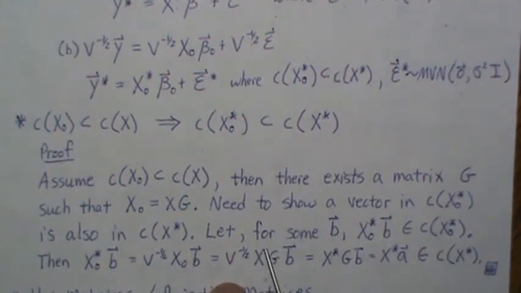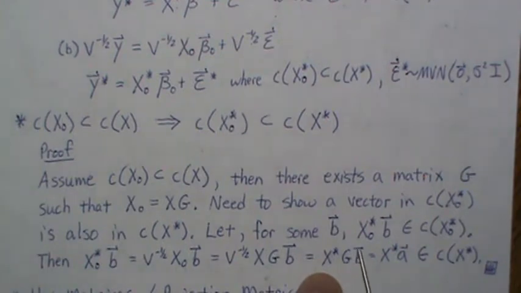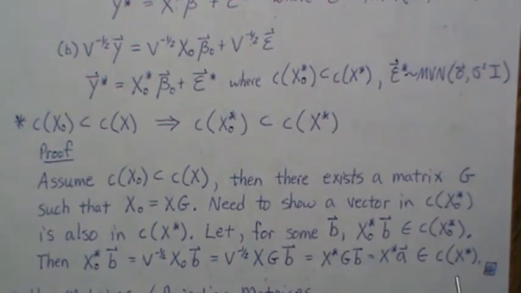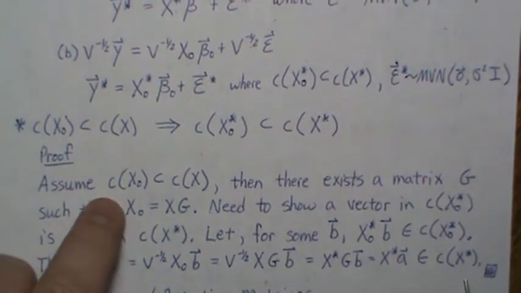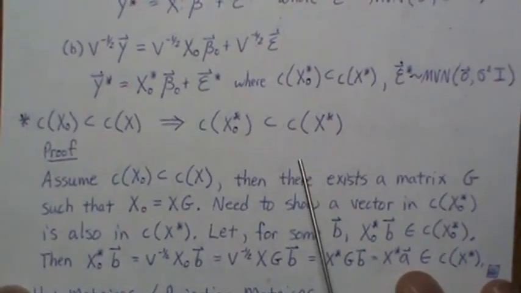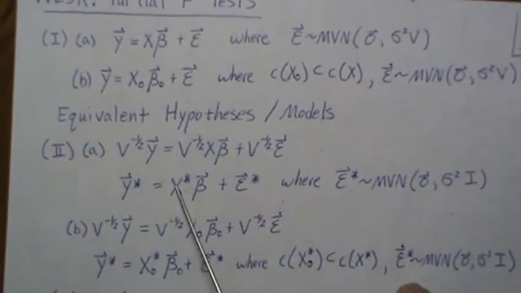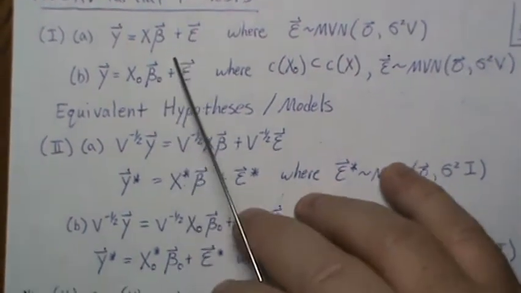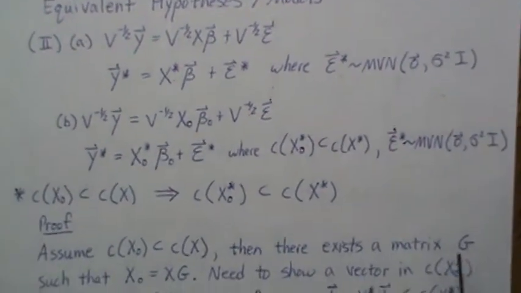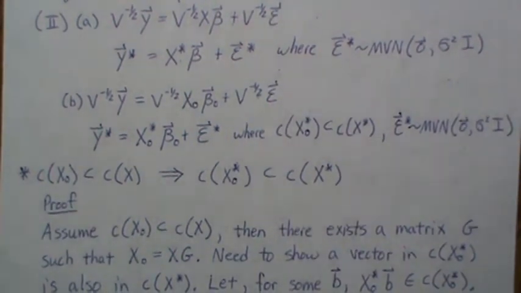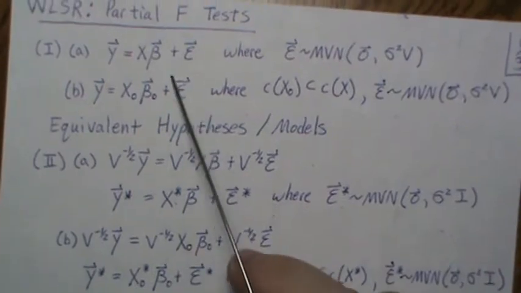Now this right here is X*, and then this is just a vector, so let's call it a. This right here is in the column space of X*, so it is true. If this is true, it implies that this is true. This says that developing a partial F-test in here is equivalent to developing it there. So that's what we're going to do. We're going to develop it in terms of this model, and then we'll unfold it back so it has the notation that's used for this model.